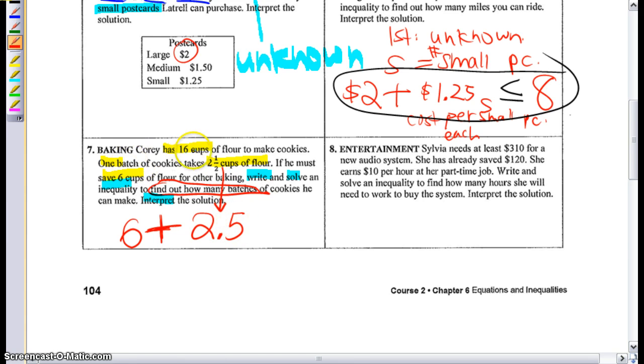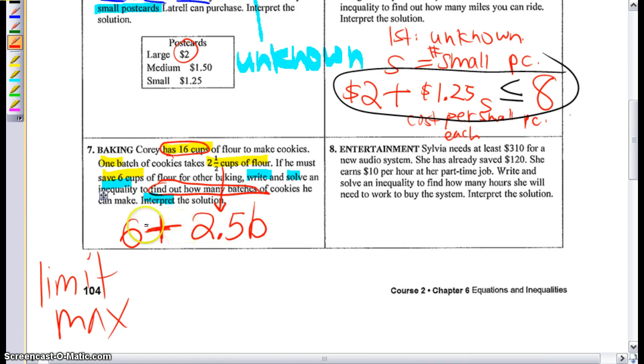Now that's each batch. So if that's each batch, then I want to take 2.5 and multiply it with B, because 2.5 times the number of batches will give us how many cups of flour they need. He only has 16 cups of flour, so he's limited in his amount. There's a maximum that he can have.